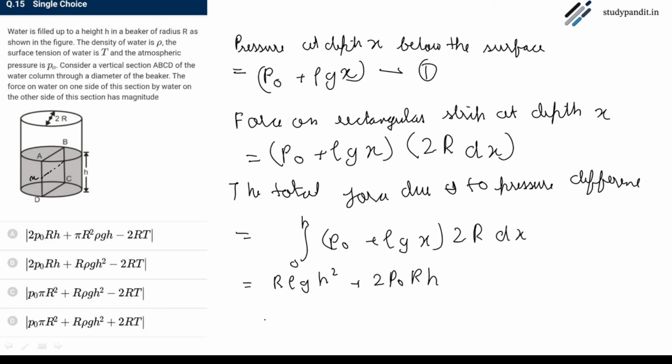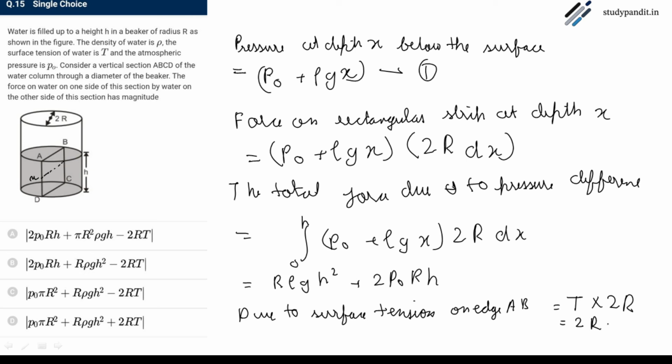And the attractive force due to surface tension acting along the edge AB, along this edge, equals surface tension into 2r, that will be equal to 2rT.